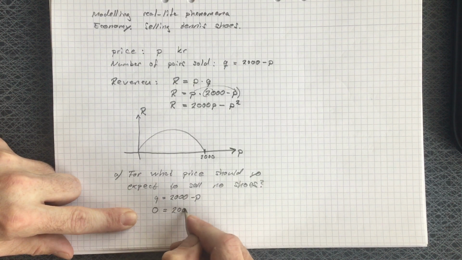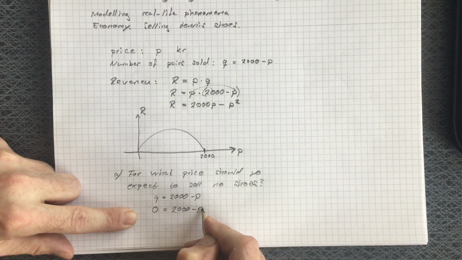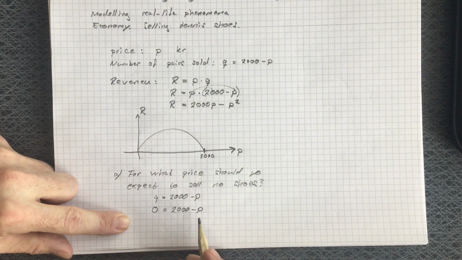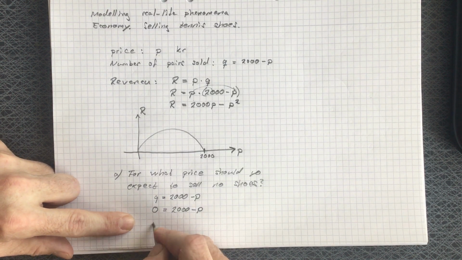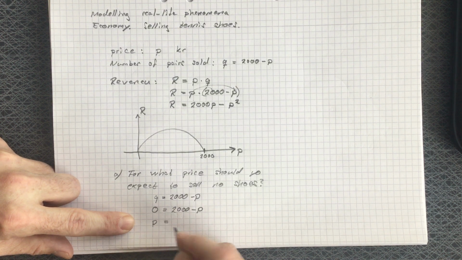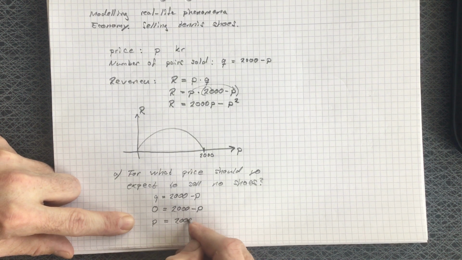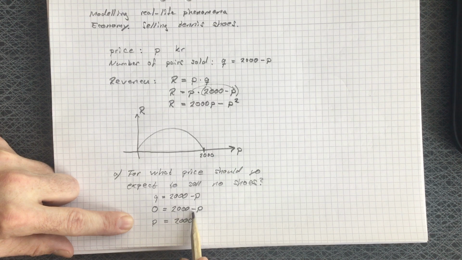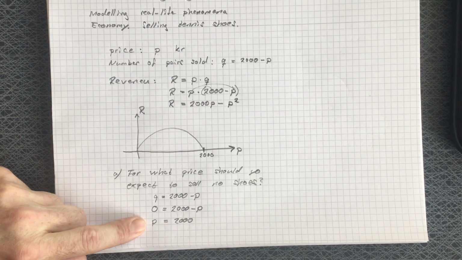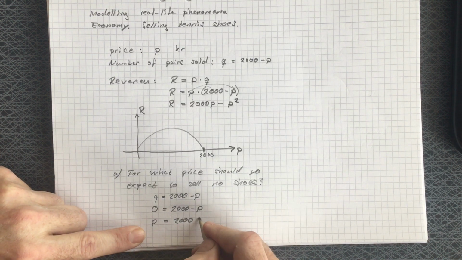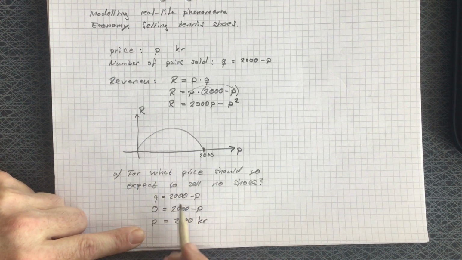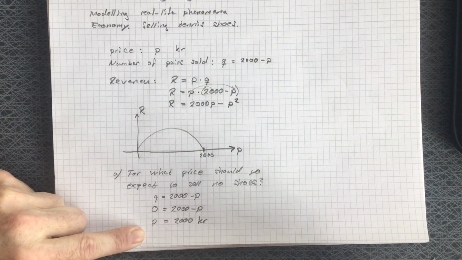And then you have 2,000 minus the price. Well, this is an equation. And the solution for the equation is that the price has to be 2,000. Because 2,000 minus 2,000 is 0. So if you have the price 2,000 crowns, then you can expect to sell no shoes.